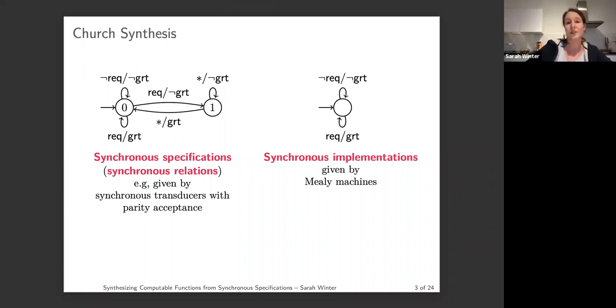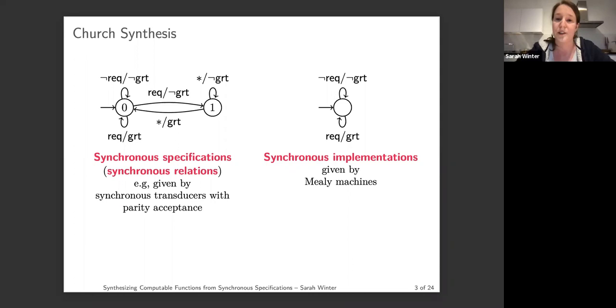And then in the Church setting, one is also looking for synchronous implementations given by Mealy machines. What are Mealy machines? Mealy machines are deterministic automata, where also for one read input symbol, one output symbol is produced. And it is important that these automata are deterministic on the input component.